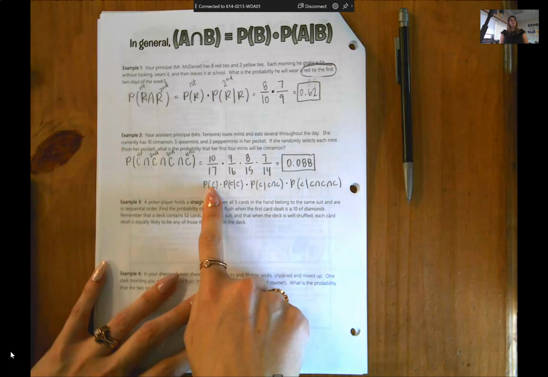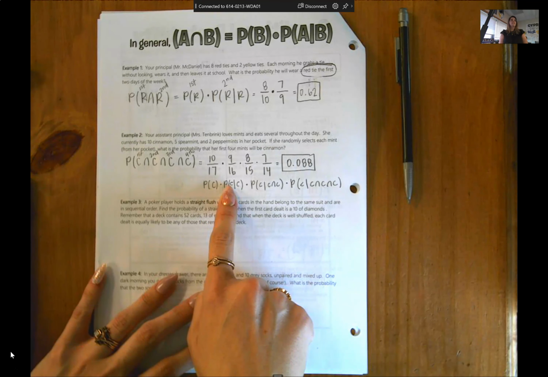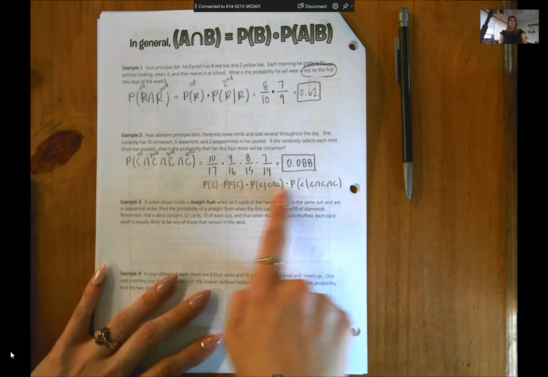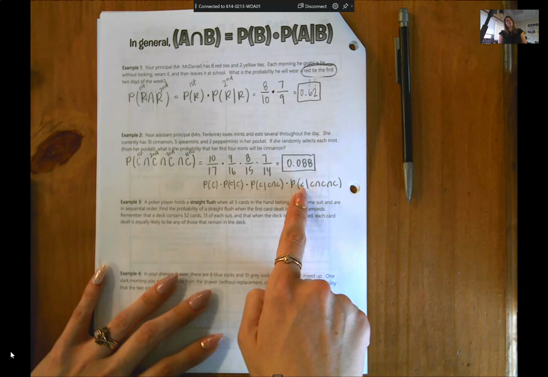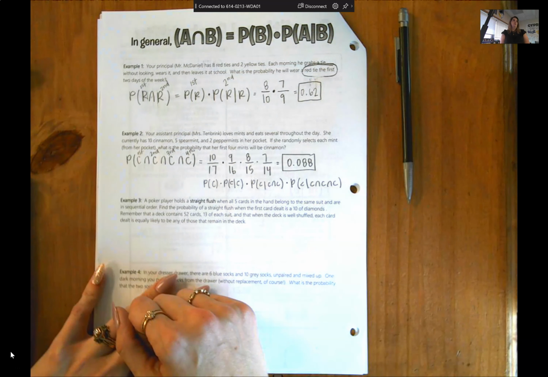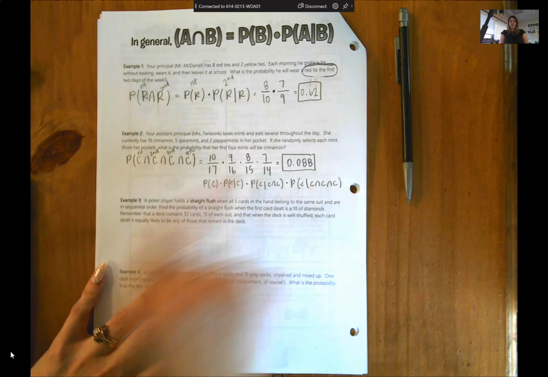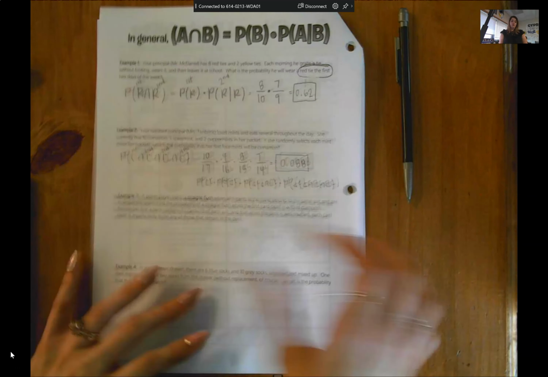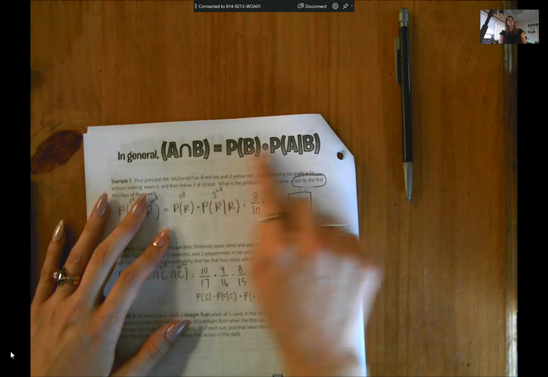The probability that the first is cinnamon times the second is cinnamon given the first was, times the third is cinnamon given the first 2 were, times the fourth is cinnamon given the first 3 were. But this is much easier to understand up top, right? So that's what you're going to focus on. You're not necessarily going to focus on this formula.